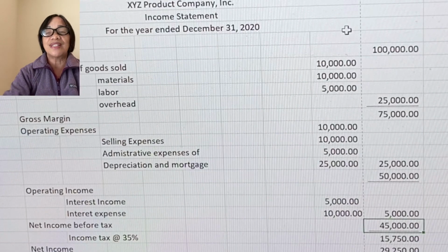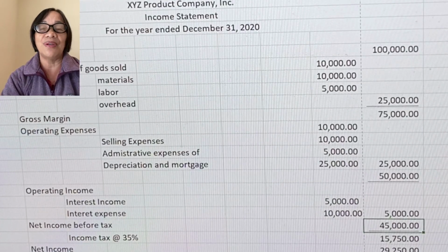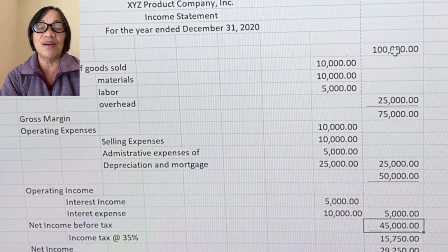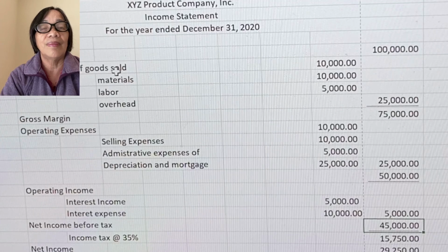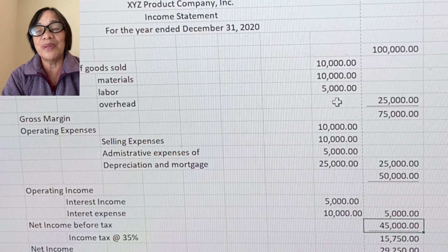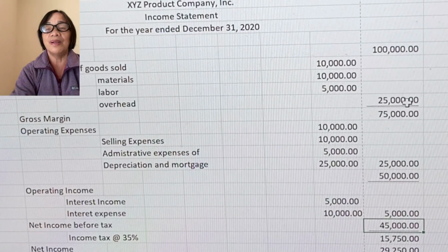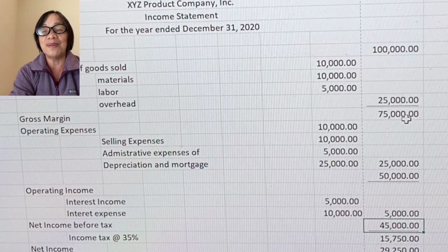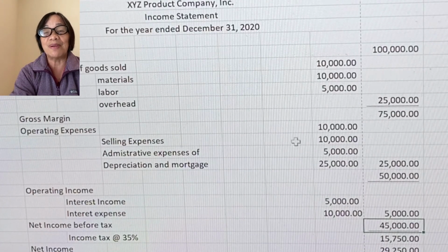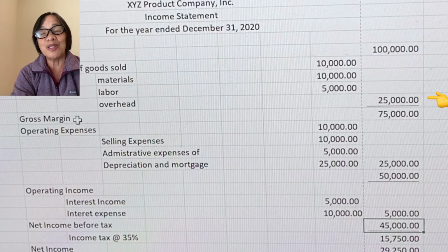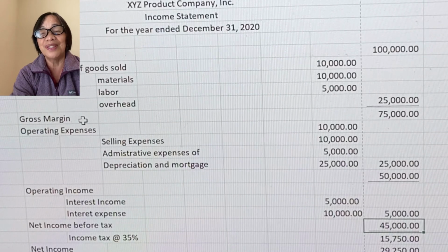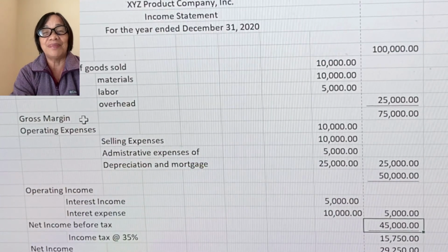So we have a gross sale. We have a revenue sale of 100,000. From our revenue sales, we deduct our cost of goods sold of 25,000, and we will arrive at a gross margin or gross income of 75,000.